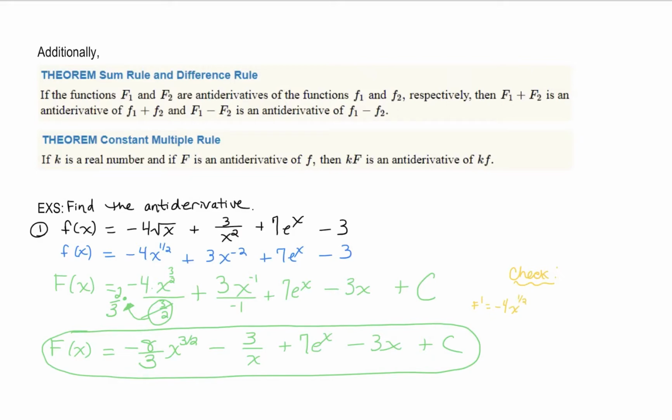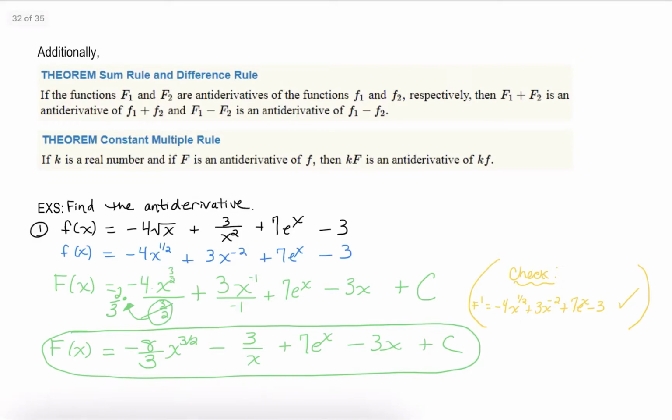And then the derivative of minus 3 x to the negative 1. So the negative 1 would come down, times the negative 3 would be plus 3. X to the negative 1 minus 1 would be to the negative second. Plus 7, derivative of e to the x is e to the x. Derivative of minus 3x is minus 3, and the derivative of a constant would go to 0. So we always have the ability, even if we don't always show these, to run these checks.